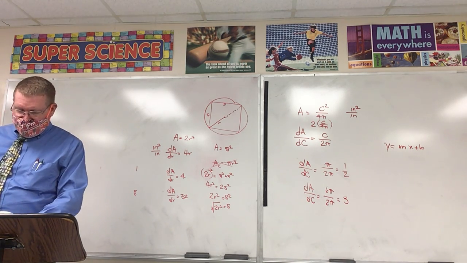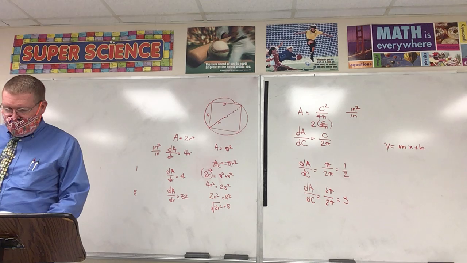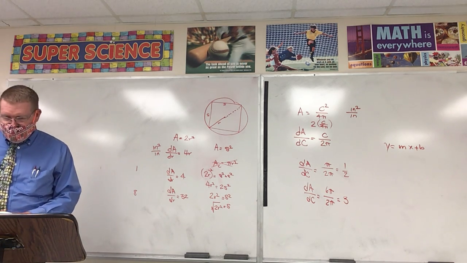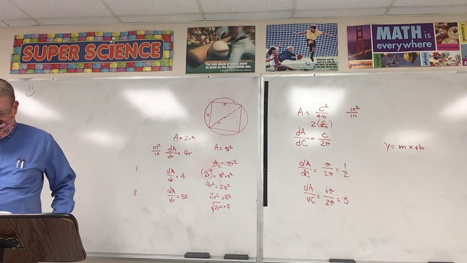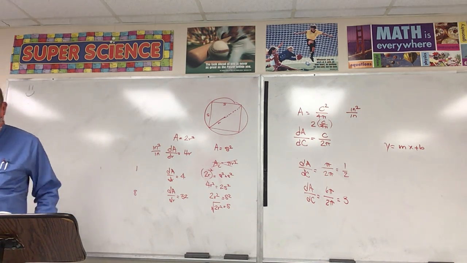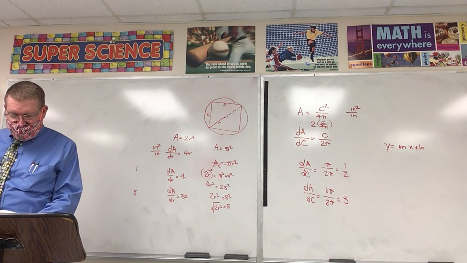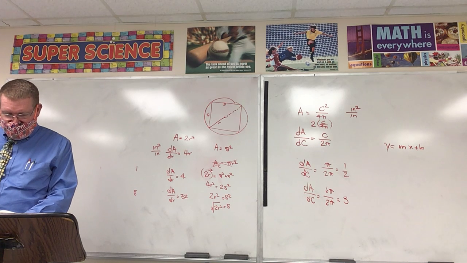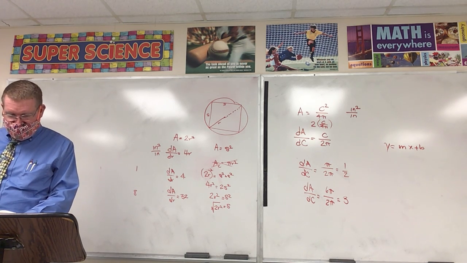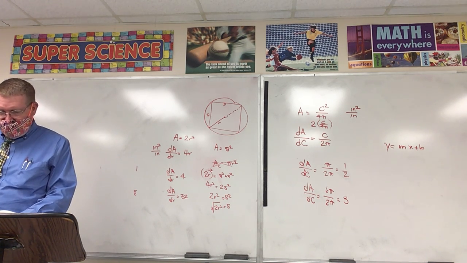Flip back to page 135. Let's look at number 6. In exercises 5 and 6, the coordinates s of a moving body for various values of t are given. Plot s versus t on the coordinate paper and sketch a smooth curve through the given points.